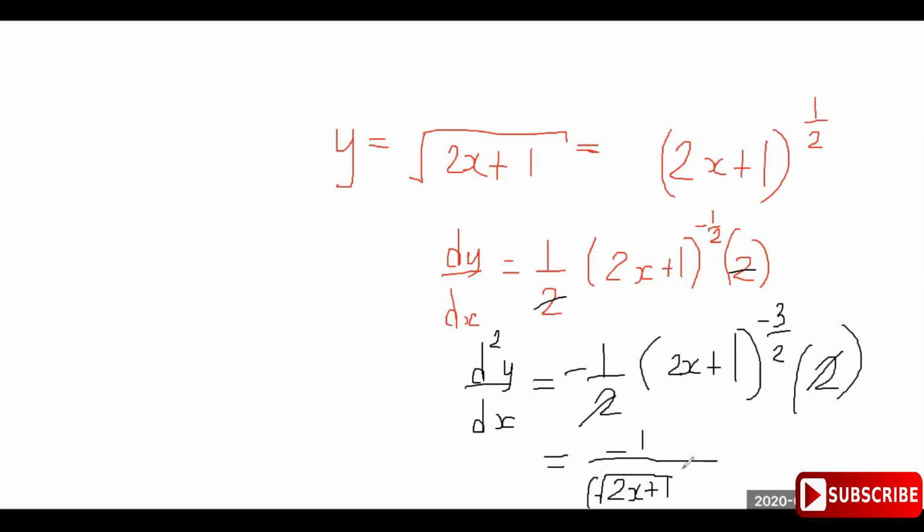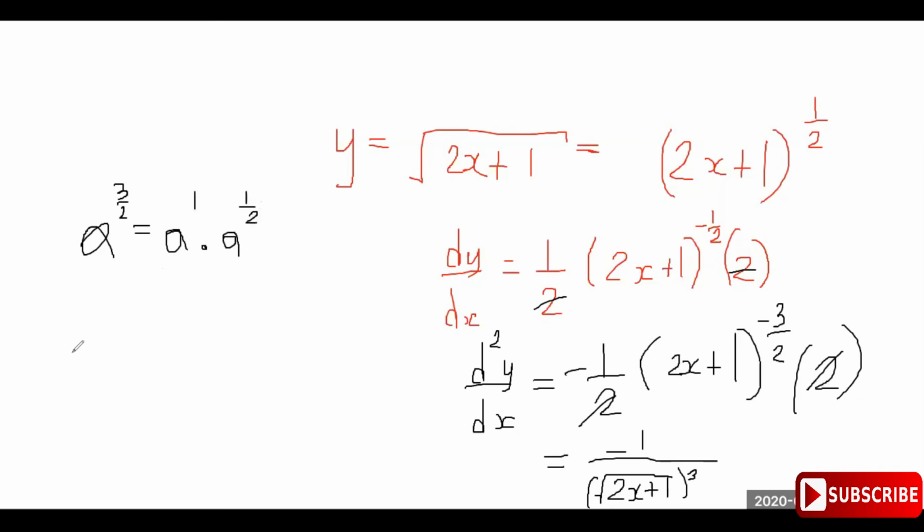Very good. Now, what I want to show you is this: anything to the 3 over 2 power, like a to the 3 over 2, I can write as a to the 1 times a to the half. Agreed?